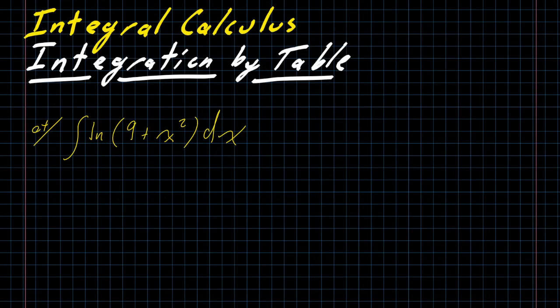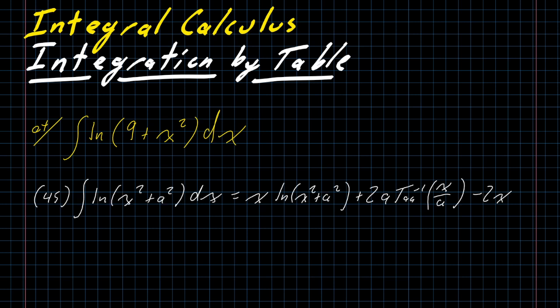So I'm going to go back to my problem, and I'm going to write down equation 45. So this table, one of the things I notice is that it's writing tangent to the negative first instead of arctangent. The other issue with this table that we have to pay close attention to is that it does not include plus a constant of integration, which might be important and is important for us in this case.